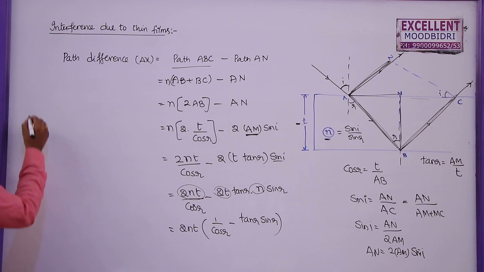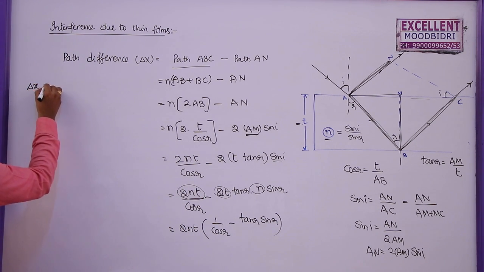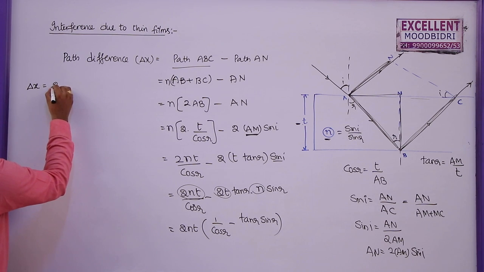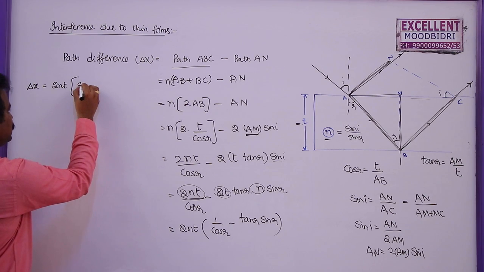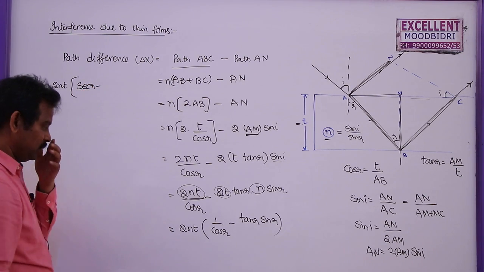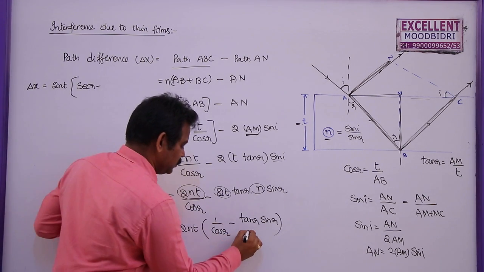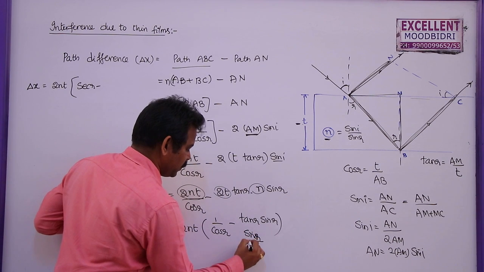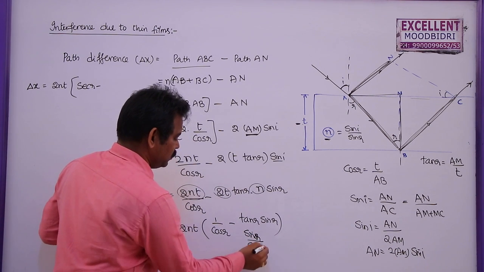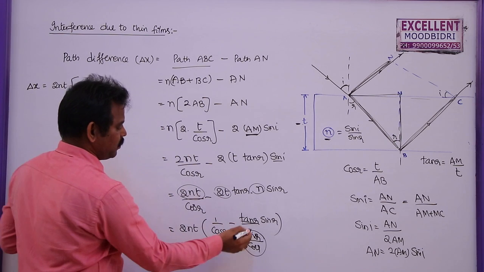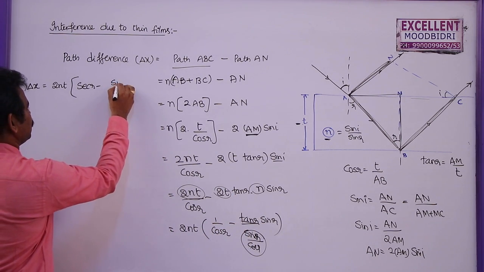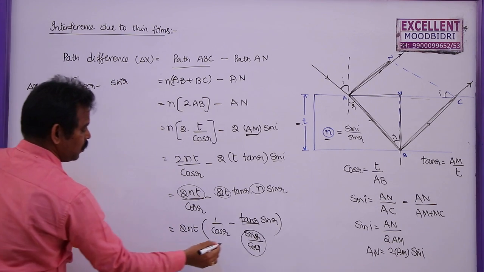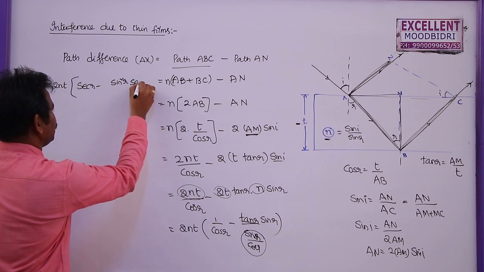So now the path difference in this case is given by 2nT, this 1 by cos r is nothing but secant r, and this tan r can be written as sin r by cos r here. So if you replace tan r with sin r by cos r, sin into sin square r, 1 by cos r will be secant r.